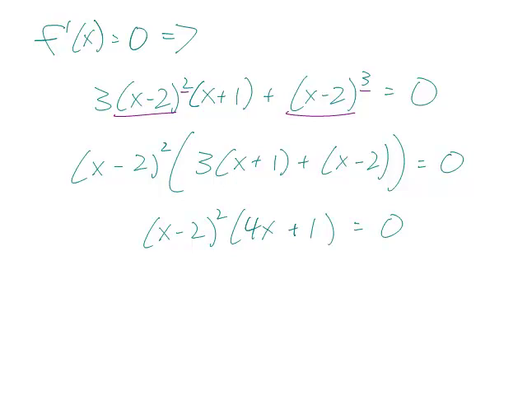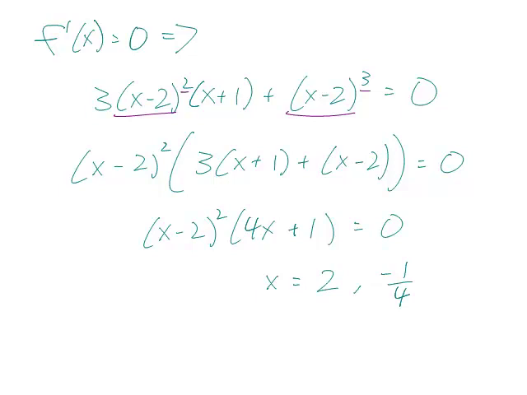Each of these factors gives us a solution to this equation. The first one, (x − 2)², gives us x = 2. Even though it appears twice, there's only one critical point. And 4x + 1, if you can't see that it gives you −1/4, you can just set 4x + 1 equal to 0 and solve for x. But if you can see that, it's a pretty quick thing.